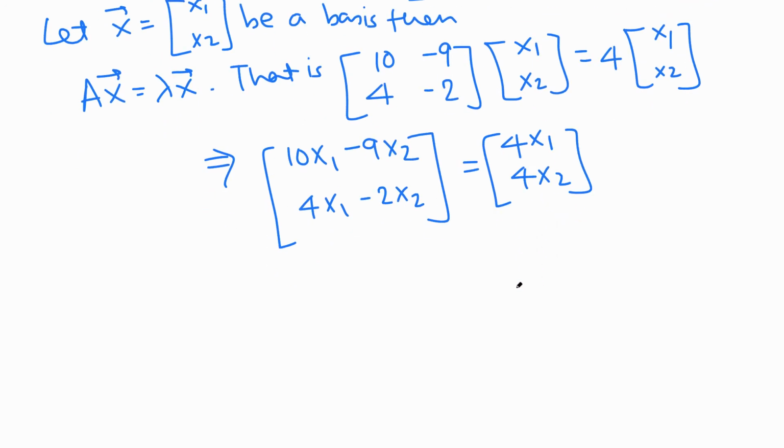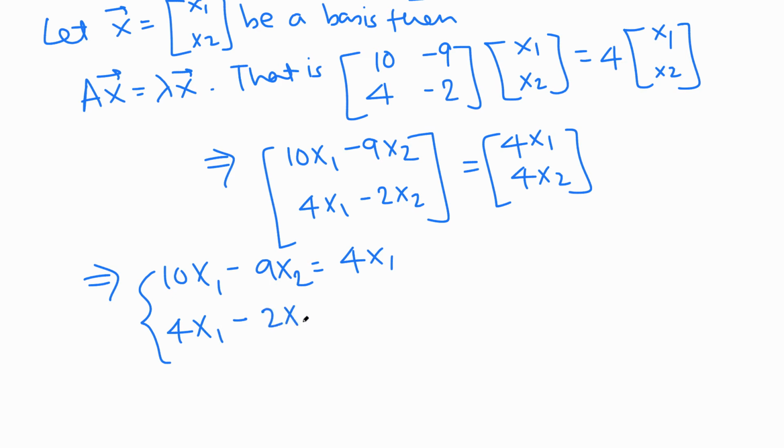Now we are saying this vector equals this vector, so that means the first one should be equal to 4x1. So 10x1 minus 9x2 should be equal to 4x1, and at the same time 4x1 minus 2x2 must be 4x2.